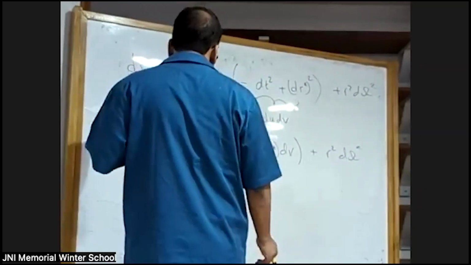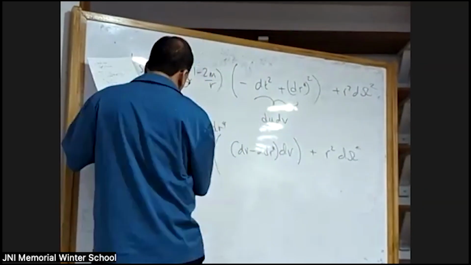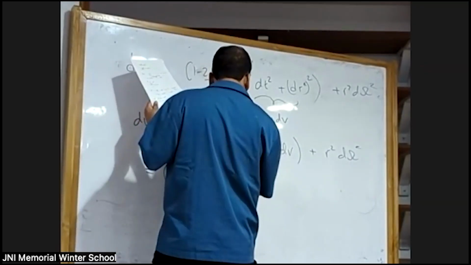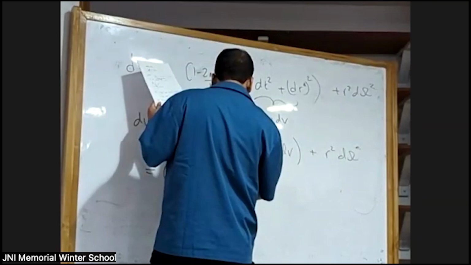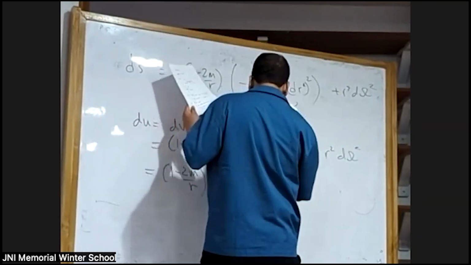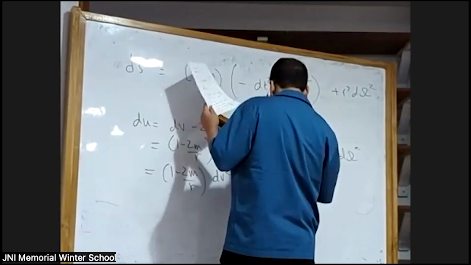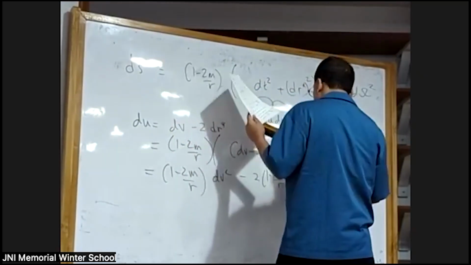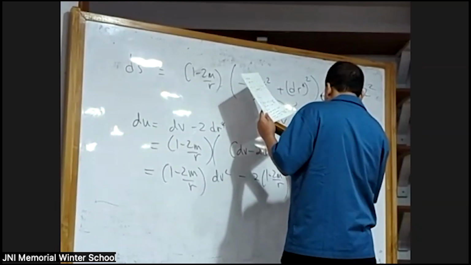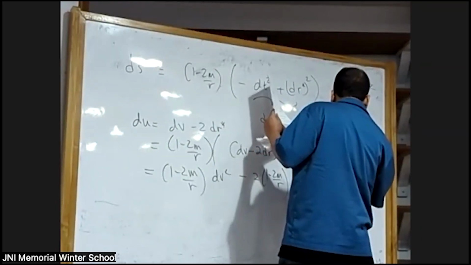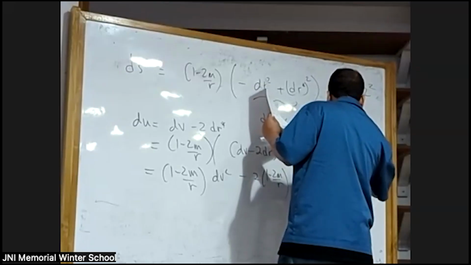I know you're asking why am I doing this, but okay. Now this is just algebra. We have here dv squared. I'm going to take this through there. I have minus 2, 1 minus 2m over r, dr star dv plus r squared d omega squared.